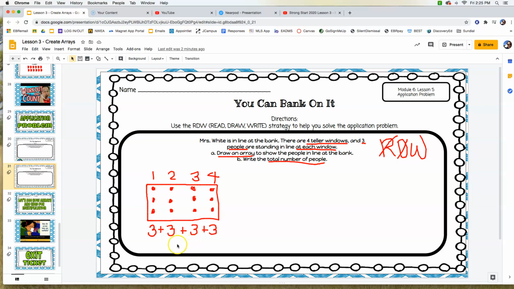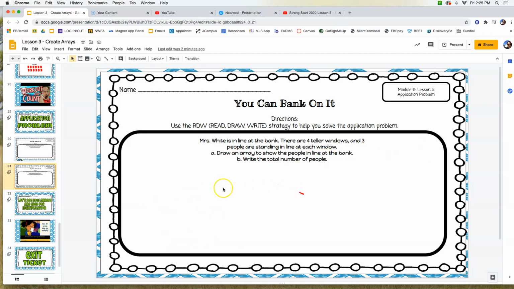And I need to solve that. So I'm going to use the doubles to solve. 3 and 3 go together to make 6. This 3 and 3 also go together to make 6. And 6 and 6, that's another double. That goes together to make 12. And so the total number of people at the bank would be 12.